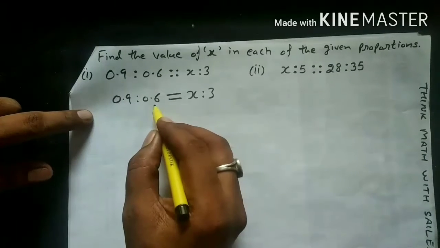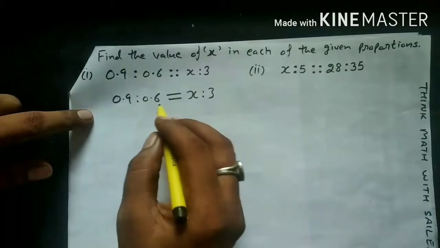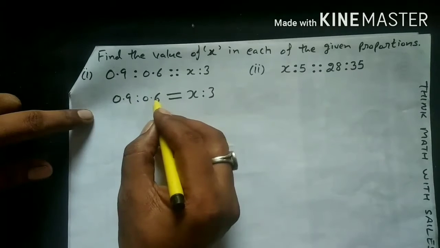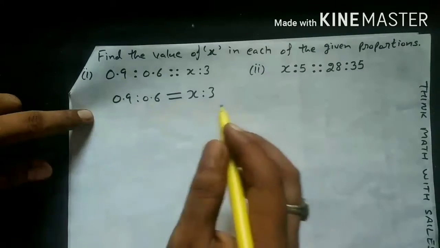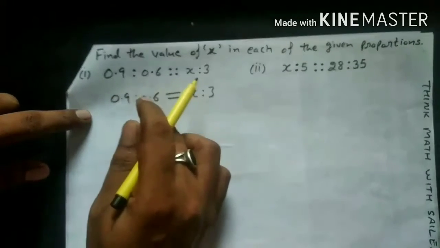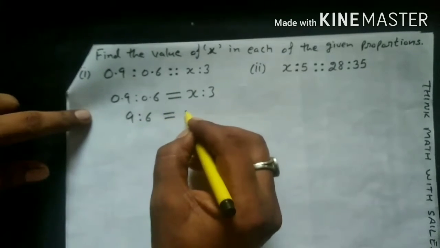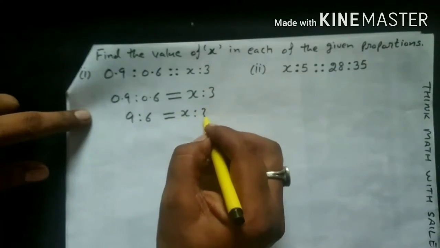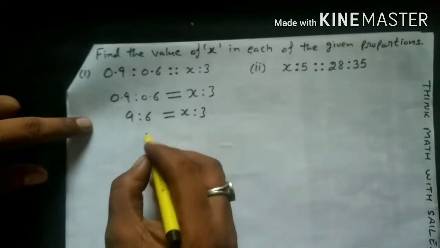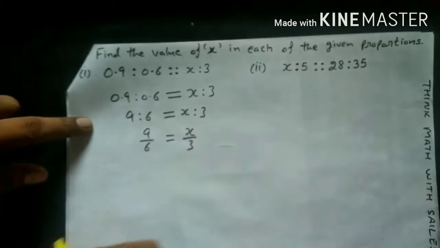So we can write them in the form of fractions. Here you will see that this is 0.9 and this is 0.6, so you can skip the decimal because both of these are like decimals. So you can write 9/6, and this is equal to x over 3.